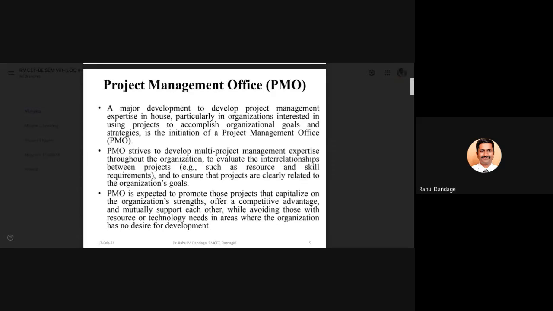All this data will be available with the project management office. Whenever a new project proposal comes, the project management office will check whether the project being evaluated has requirements aligned with the strengths of the organization or not.